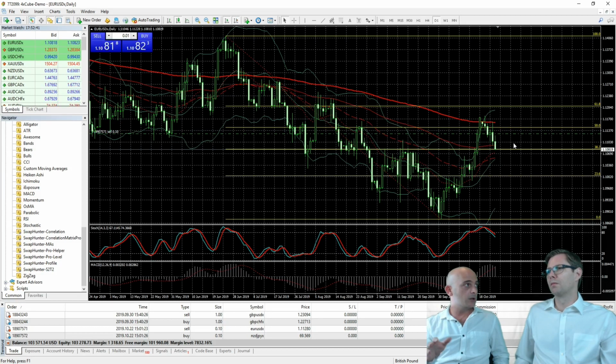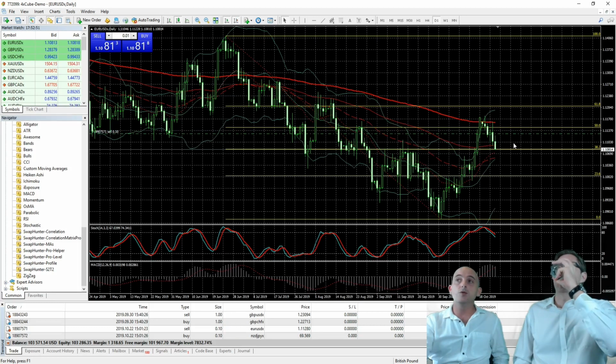Now, because we're looking at fundamentals, you have to consider those as well. We're looking now at the Federal Reserve meeting at the end of this month, the FOMC Minutes. They're going to probably cut interest rates again, which will probably mean a weaker dollar, which will probably mean a stronger euro against the dollar, because a weaker dollar against the euro means that this exchange rate will go up. The euro will get stronger against the dollar.